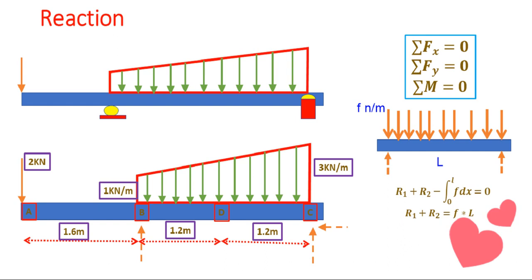I think you can conclude this, because the reactions are acting in the upward direction and our external loading is in the downward direction. That's why the signs are opposite. Okay, so what does it mean? This means that this force can be replaced with the equivalent loading of F into L.